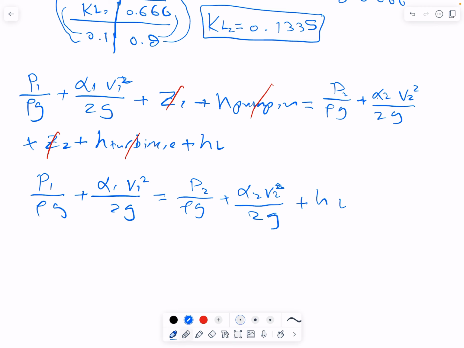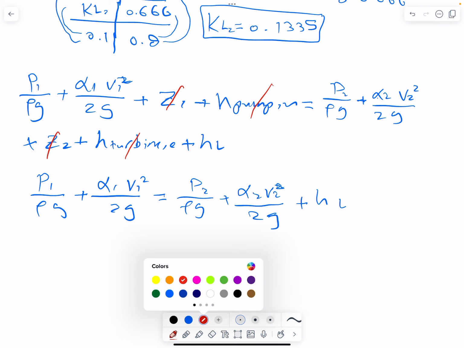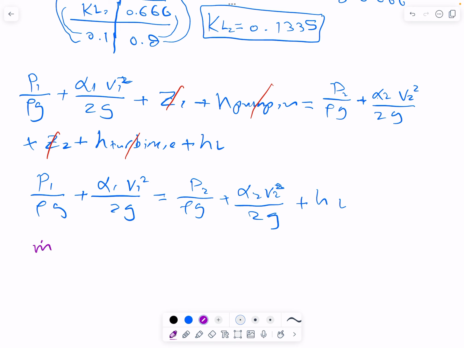So first let me use another color, for example this one. We know that m dot 1 is equal to m dot 2. So rho V1 A1 is equal to rho V2 A2.